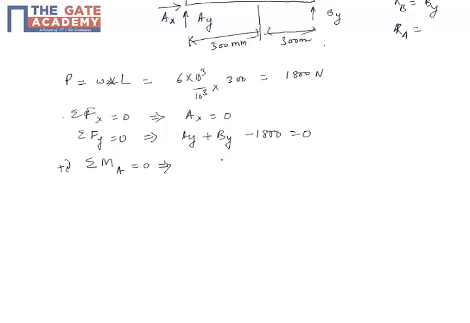So 1800 is acting down, with moment arm 150, so that is clockwise. By is upward and will rotate the bar in the anti-clockwise direction. So minus By into the complete length, which is 600, is equal to 0. So By is 1800 by 600, 3 into 150, which is 450.